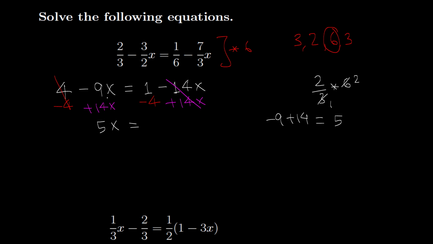Is equal to, here 1 minus 4. 1 minus 4 is negative 3. And finally, this is 5 times x, so we divide both sides by 5. And x is now isolated. So x equals negative 3 over 5, the negative on the top can be pulled to the front: negative 3/5.